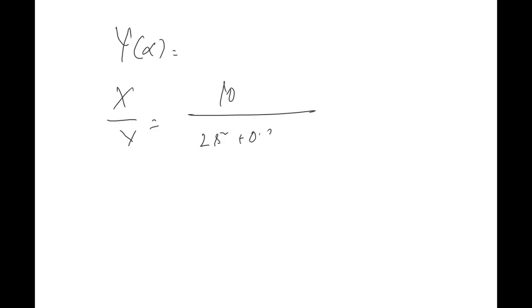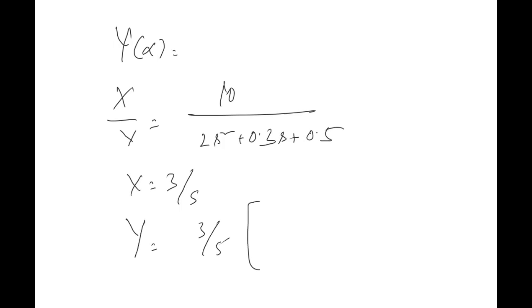So how do you find y of infinity? Y of infinity is nothing but x by y, which is 10 by 2s square plus 0.3s plus 0.5. What is x? 3 by s. What is y? 3 by s into 10 by 2s square plus 0.3s plus 0.5.